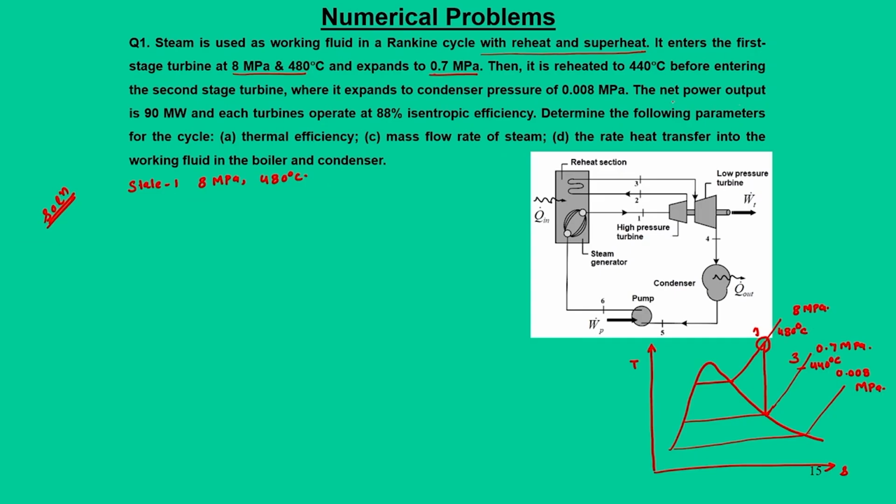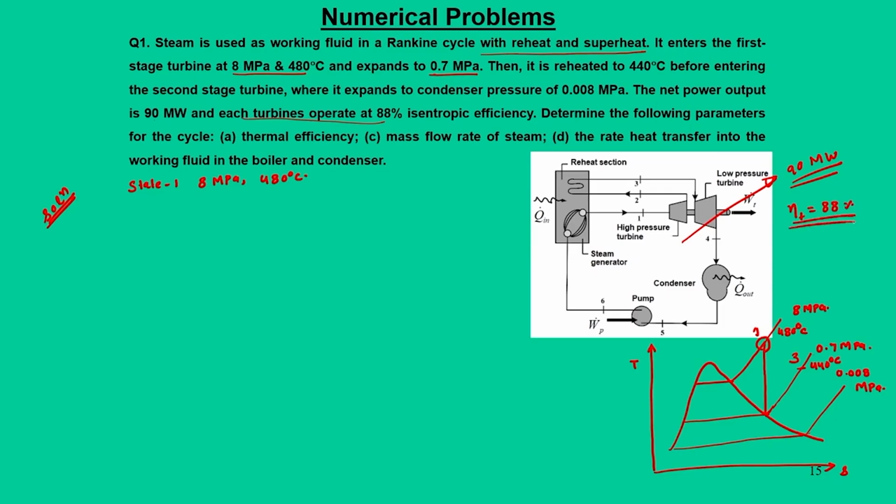The net power output of the cycle is 90 megawatt. Each turbine operates with 88% efficiency. So, turbine efficiency is 88%.